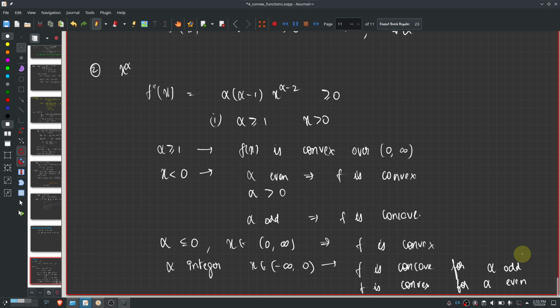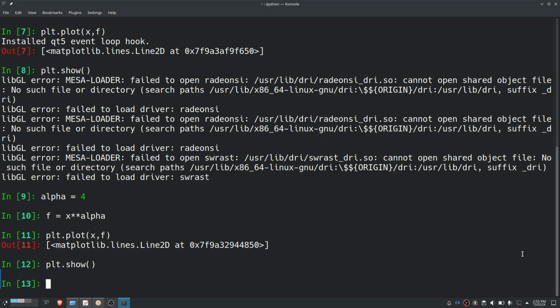But on the other hand, if I had, let's say, 1 by x, then the second derivative would be equal to, correct, 2 divided by x cubed, which is negative for x less than 0. That would be concave. So I just want to see a plot. Equal to, let's say, minus 3.